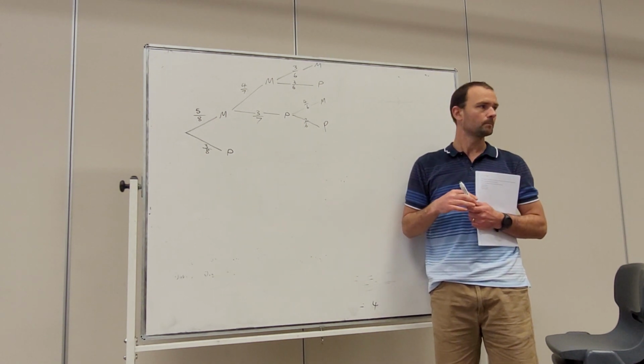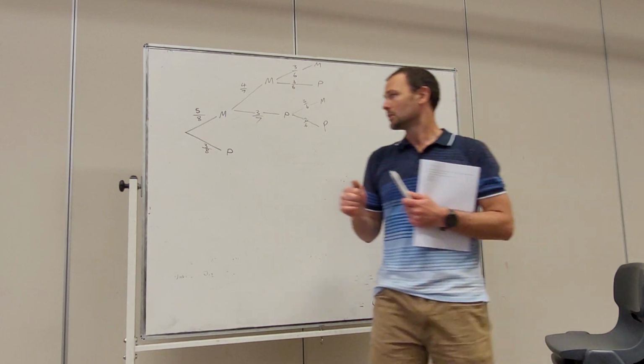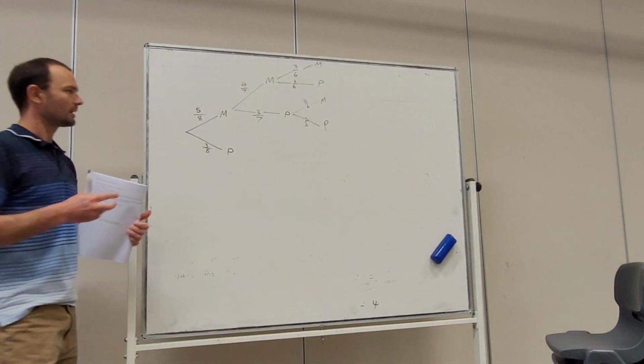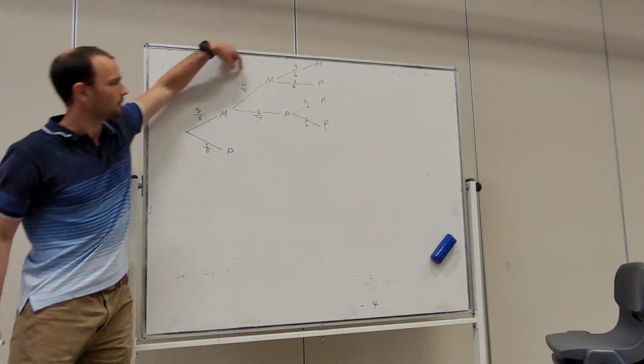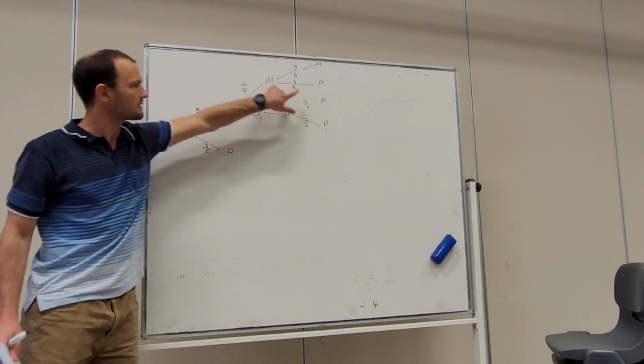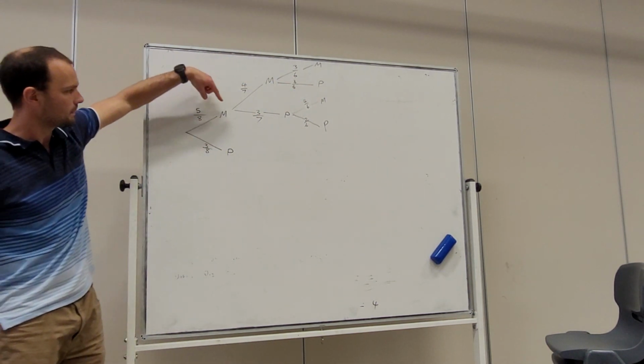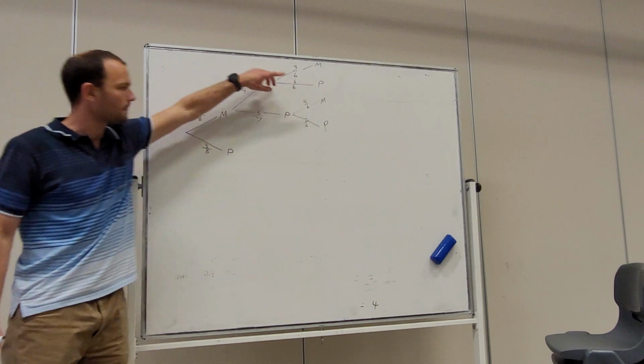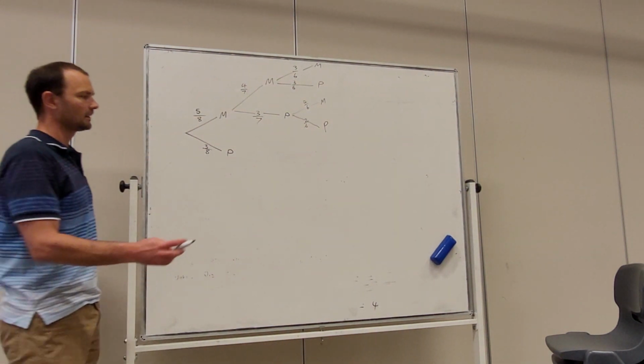Let's see here what's going on. We can see the possible combinations: you can get 3 Mars bars, 2 Mars bars and a protein bar, a Mars bar, a protein bar and a Mars bar. We're just filling it in accordingly.